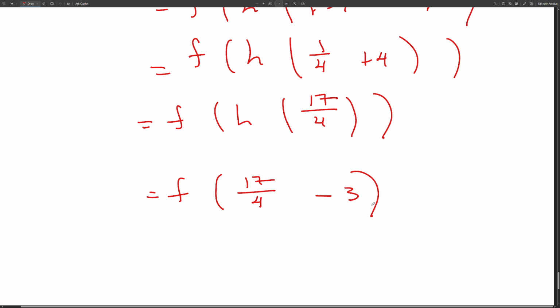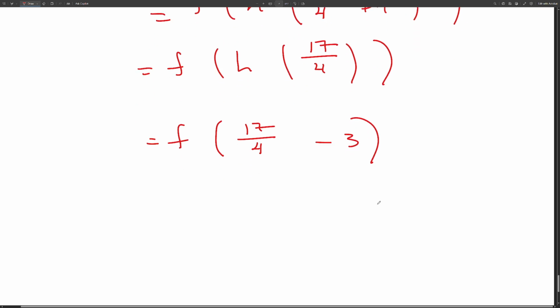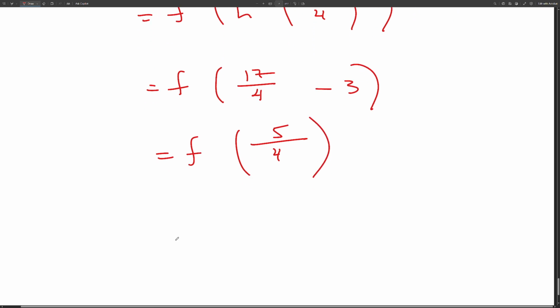Then we're going to compose that and use that with f. So this becomes f of 17 over 4 minus 3, which is 5 upon 4. And then finally put this into f, and f is 2x minus 1.